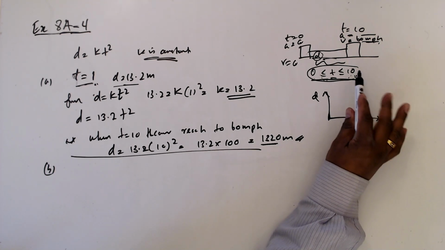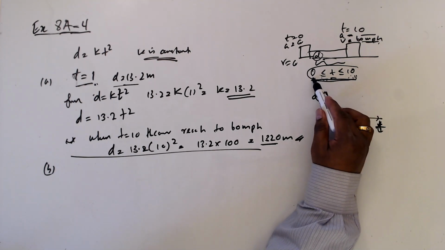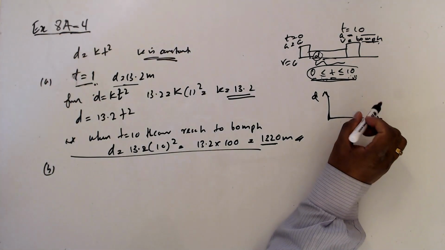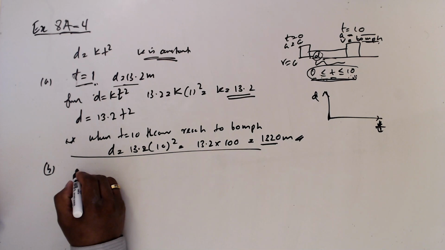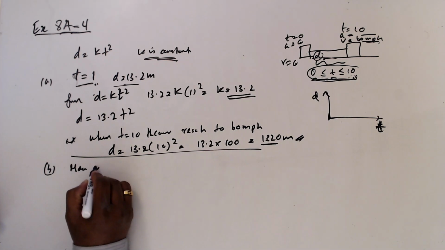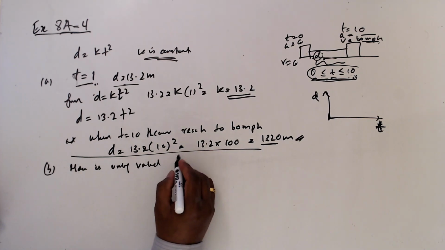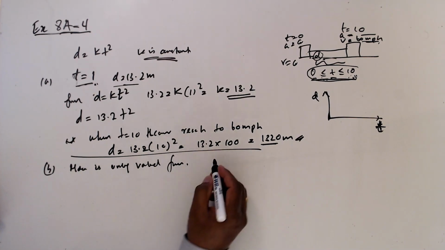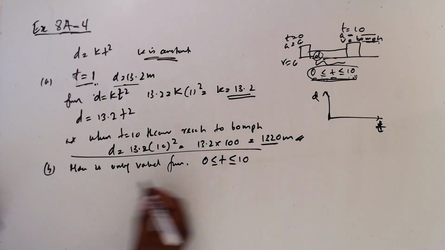We are modeling only between time 0 and 10. Because of that, one boundary is 0 and the other is 10. So for part B, the model is only valid for 0 less than or equal to t less than or equal to 10.